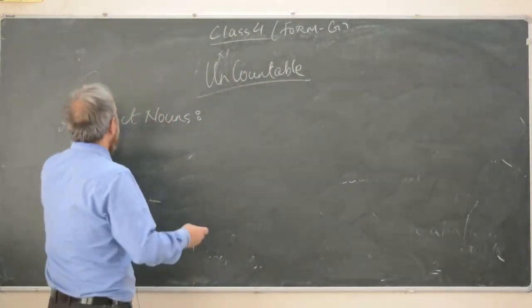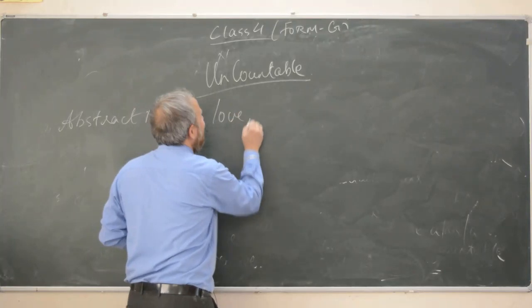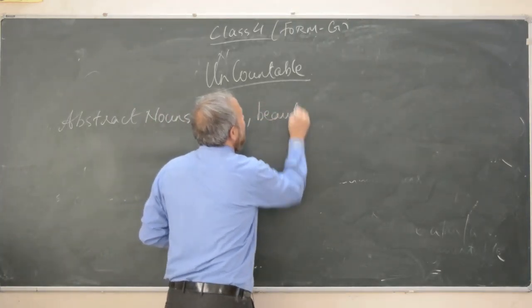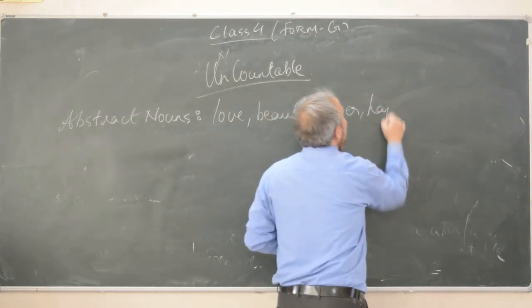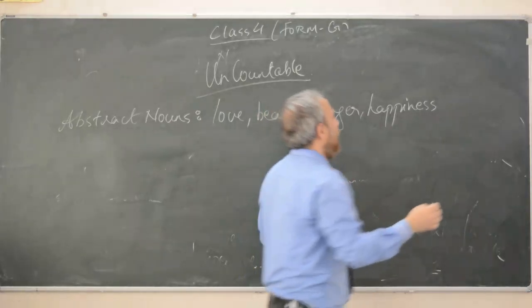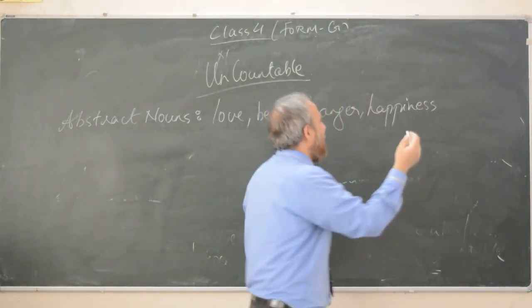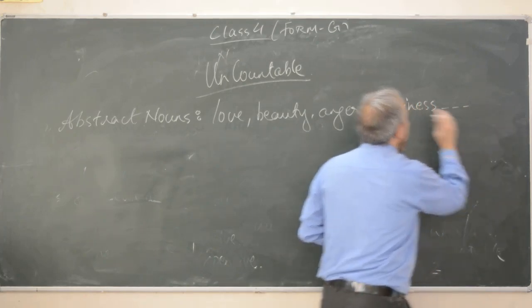Remember that. So abstract nouns, like love, beauty, anger, happiness. There are many more abstract nouns, but let me just keep it at this.